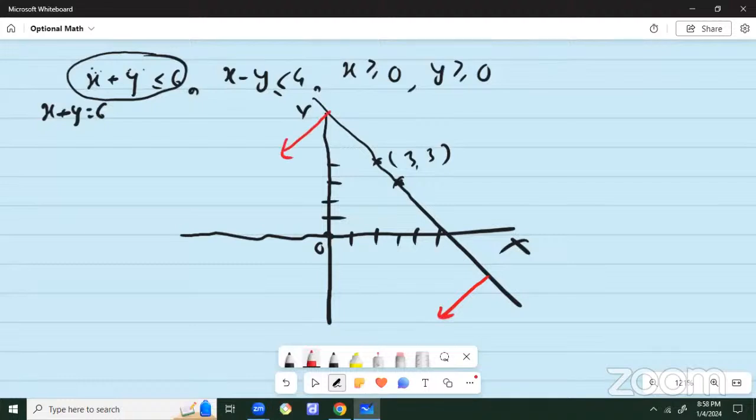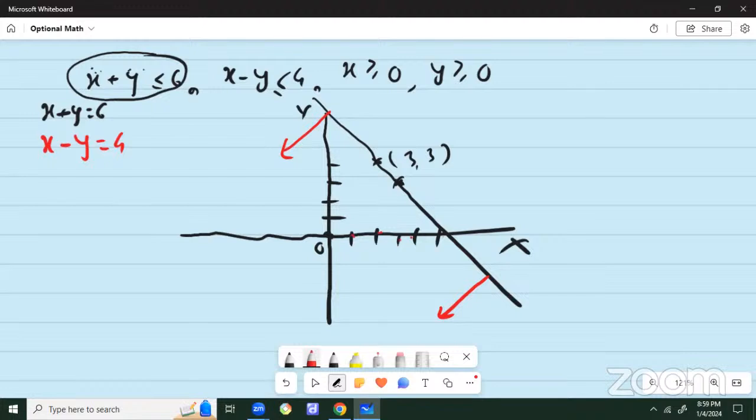That is one condition. And the other boundary line will be x minus y equals 4. Just take simple points. If x is 4, then 4, 0. Then 6, 2.